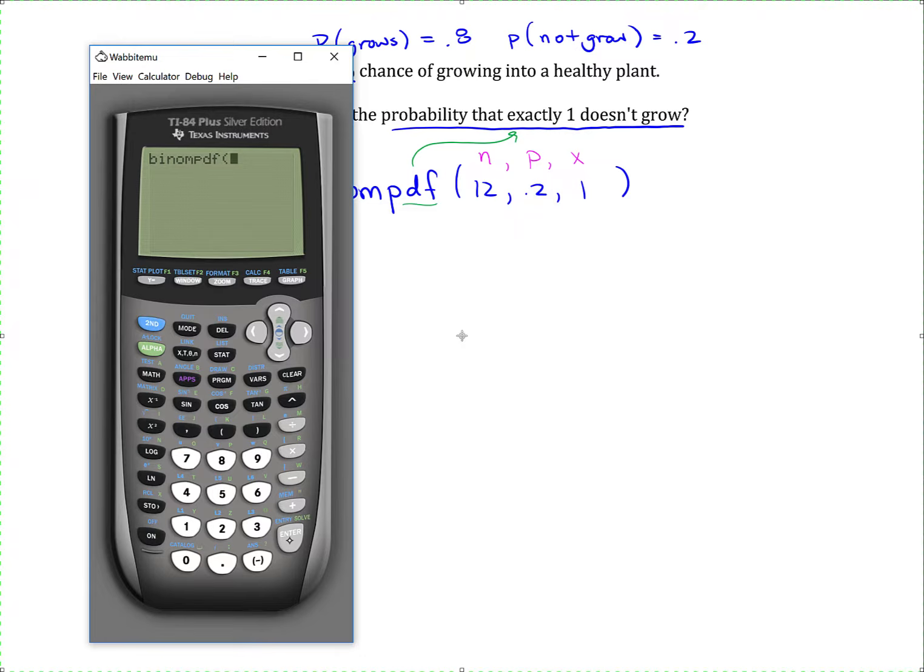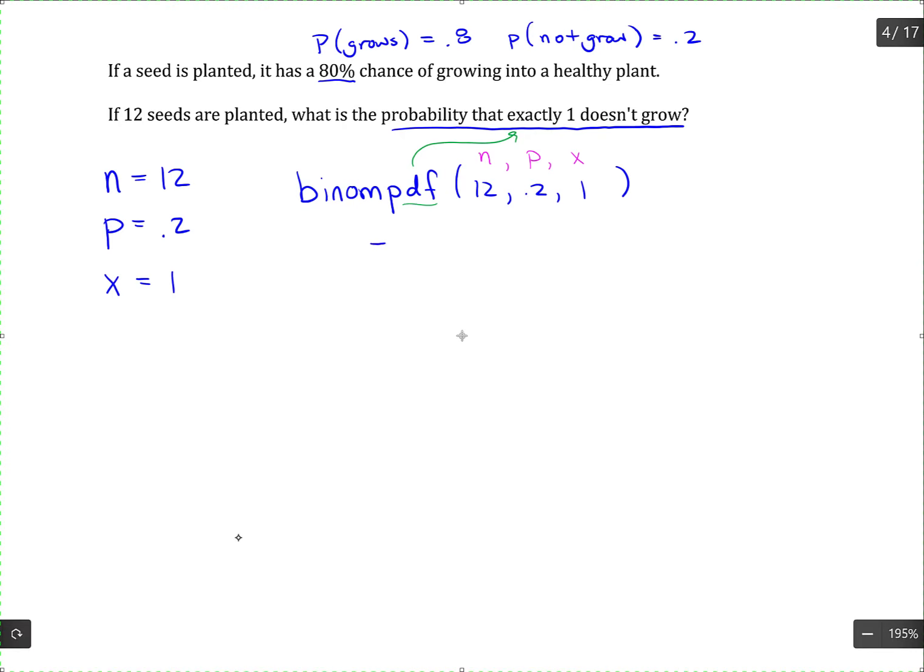Choose the appropriate one for your situation. 12, 0.2, 1. And we get our probability, which in this case is 0.2062. And of course, follow the rounding rules given in the problem. I've just chosen 4 for this particular case.